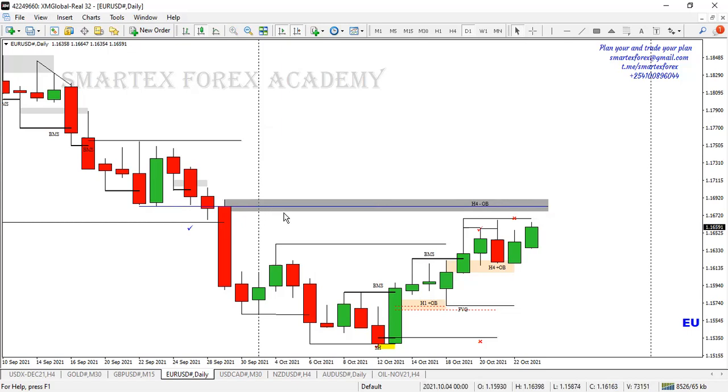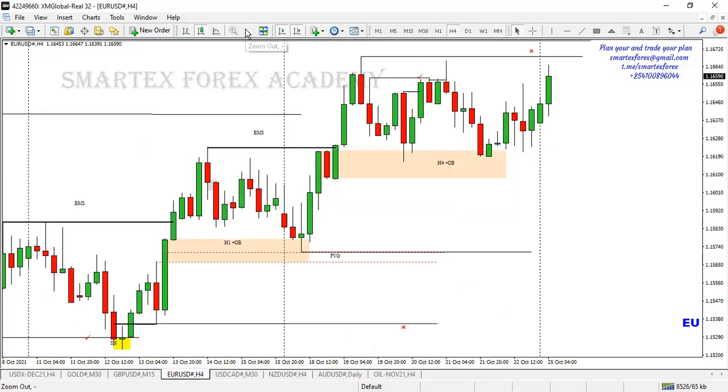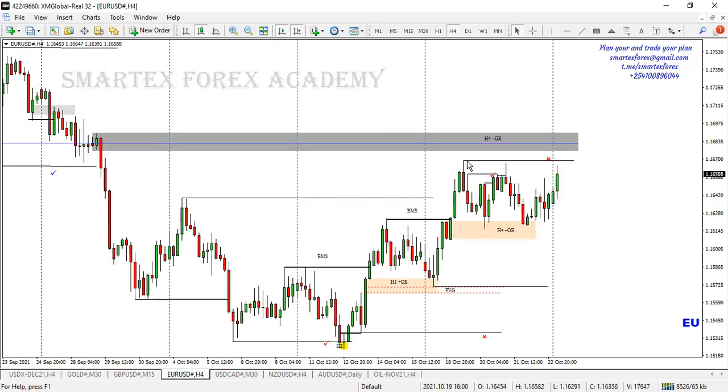So in this 4-hour OB, that's where we have the breaker here. And also, let's see equal highs. This equal high needs to be taken out before we resume the downtrend so that we mitigate some zones here.